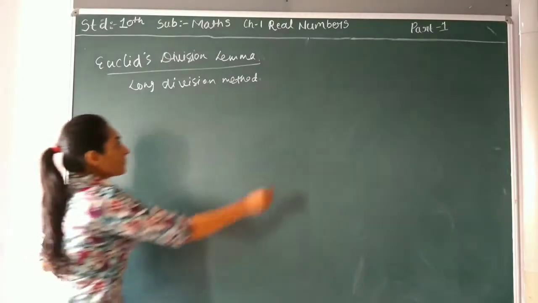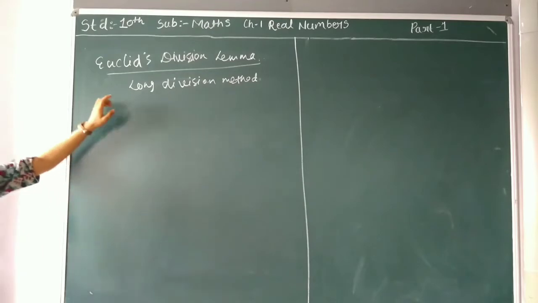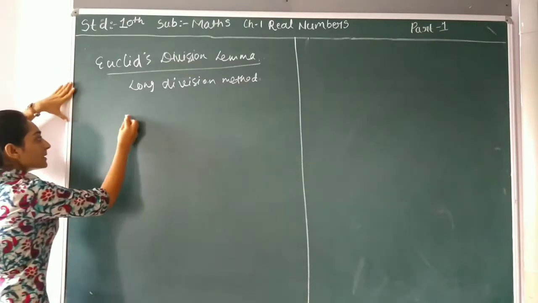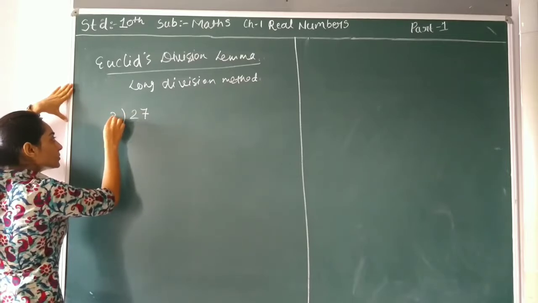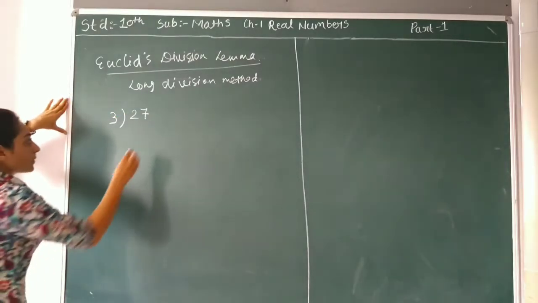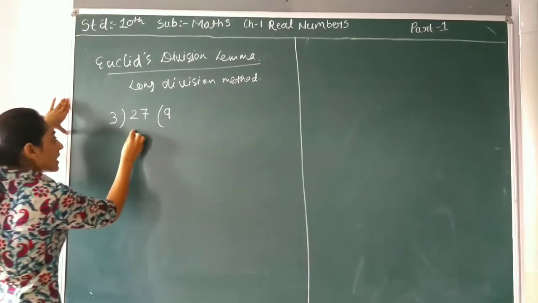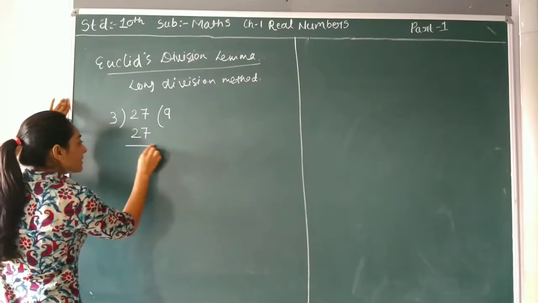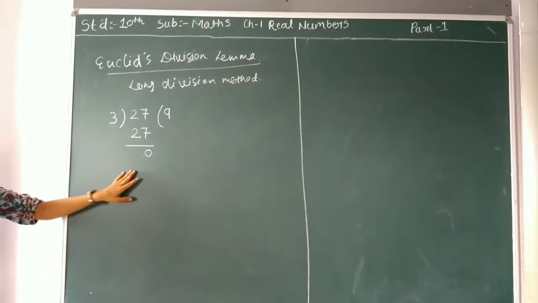Now, let's take one example. Say 27, and I'm going to divide it by 3. 3 9s are 27. I'll get remainder 0.